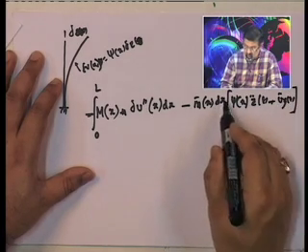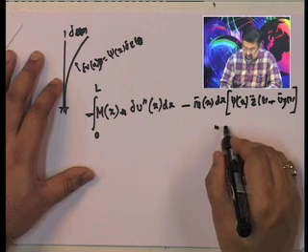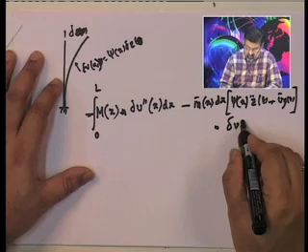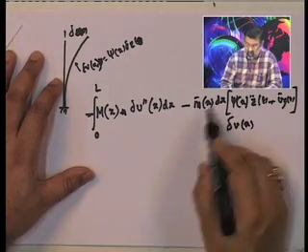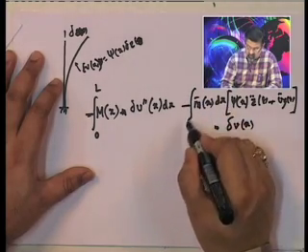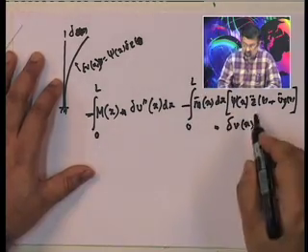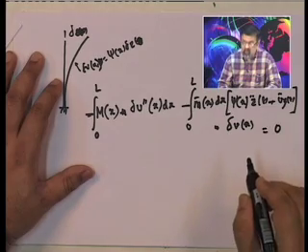This is the force, into del v x, integrated from 0 to L. So, this in essence is the work done by the forces, and that is equal to 0.